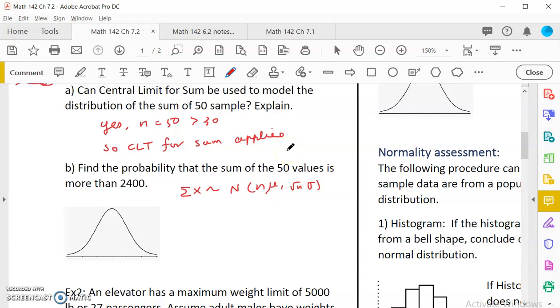N is 50, and mu is 45, so the mean is 50 times 45, which is 2250. And the standard deviation is the square root of 50 times 8, which is 56.5685.